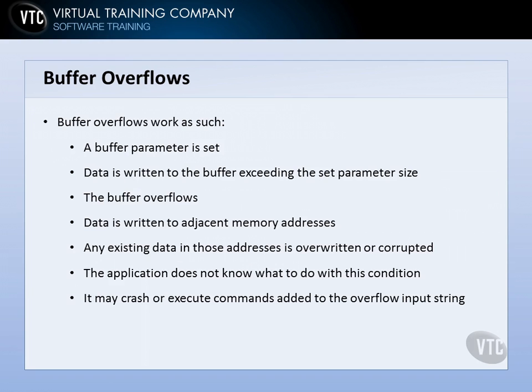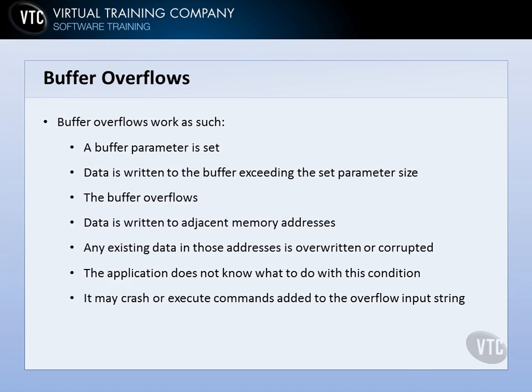Now, this is very generic, and some buffer overflows work a little bit differently. But in general, in a buffer overflow attack, what happens is in the application, a buffer parameter is set. It could be an input parameter, for example, and allow only so many characters to be in the buffer. Now, data is written to this buffer that may exceed that set parameter in size.